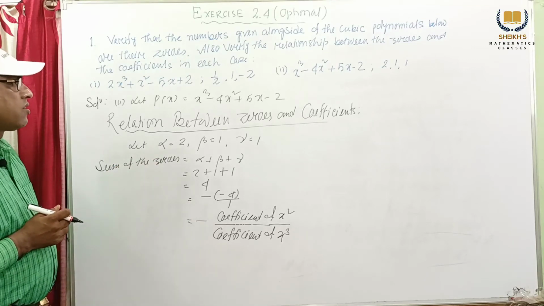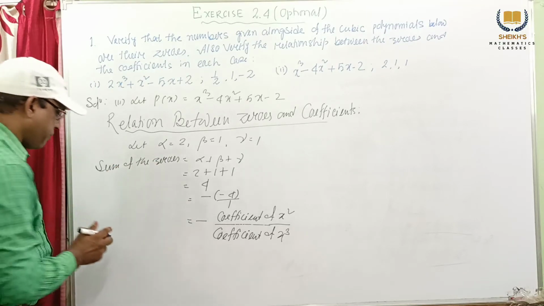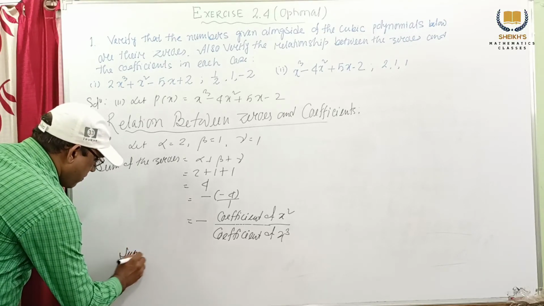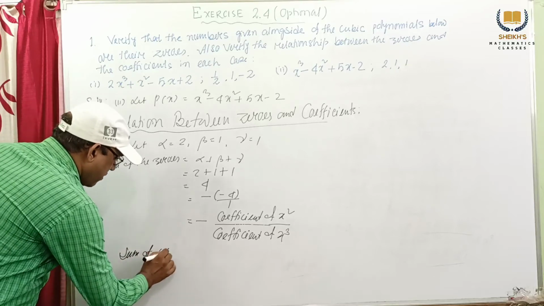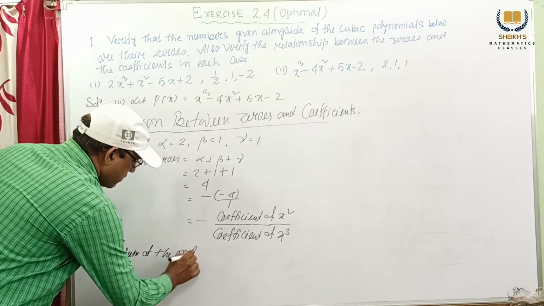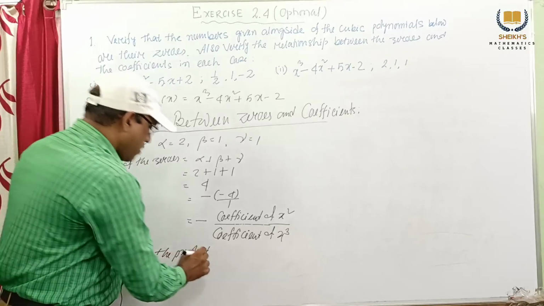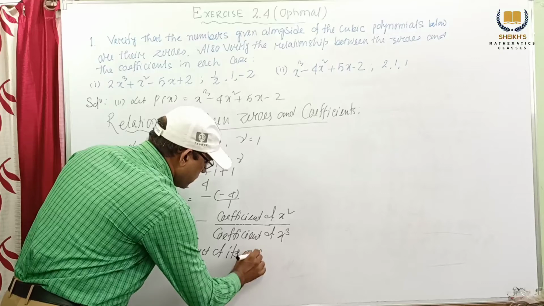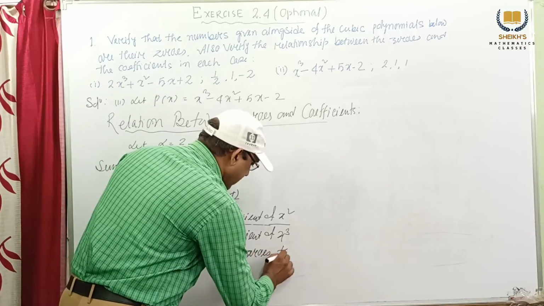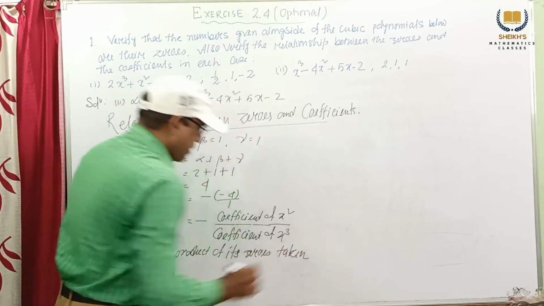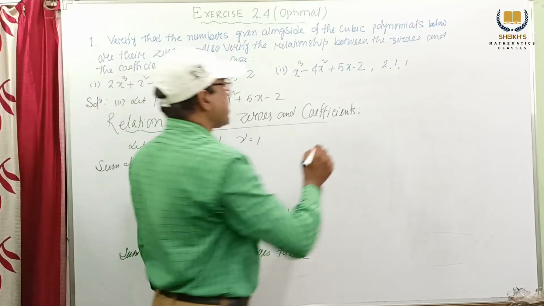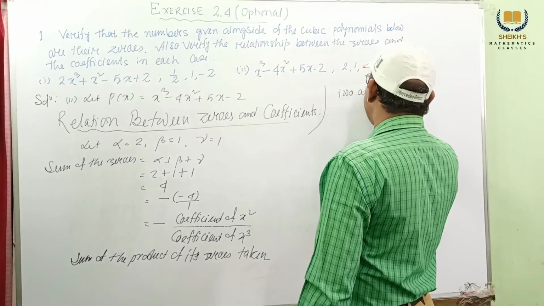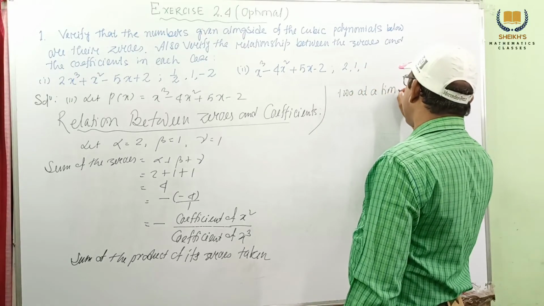Next we consider the sum of the product of the zeros taken 2 at a time.